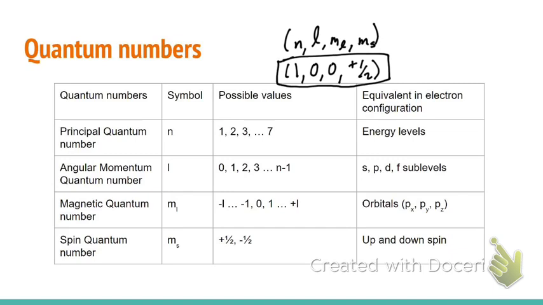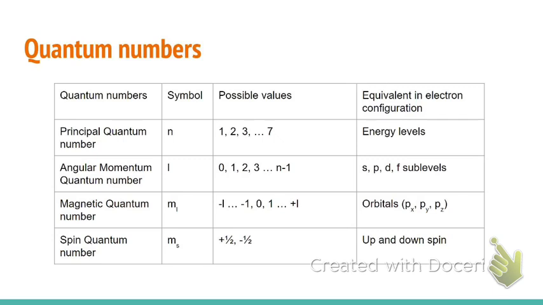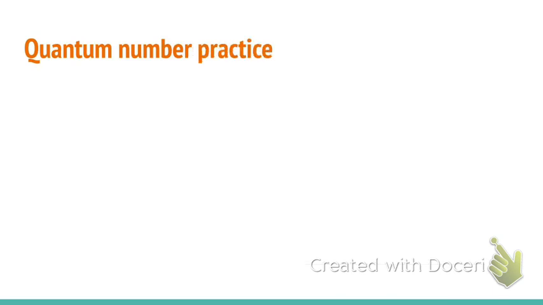It represents one of the electrons. So my question might be, this electron is the highest energy electron for which element? So let's rewrite it: 1, 0, 0, plus 1/2.